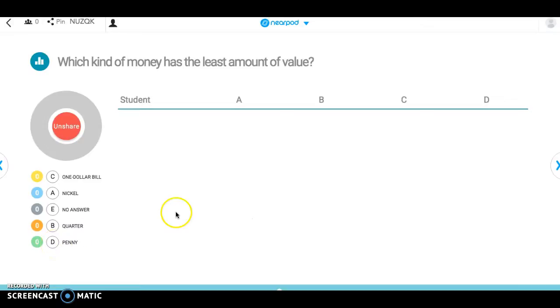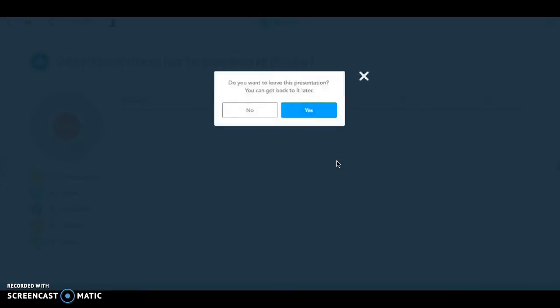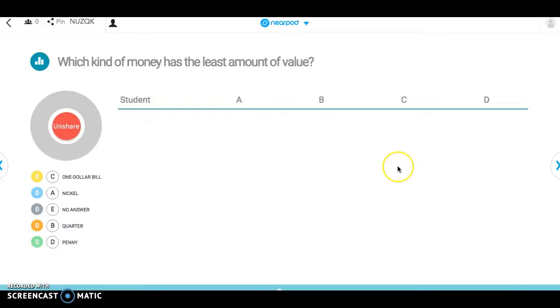Once all of their answers were in, a bar graph would be created here, and we would see what the class's opinion was on the least amount of value. This is a pre-assessment before I even go over any content, to just see what they know from previous experiences.